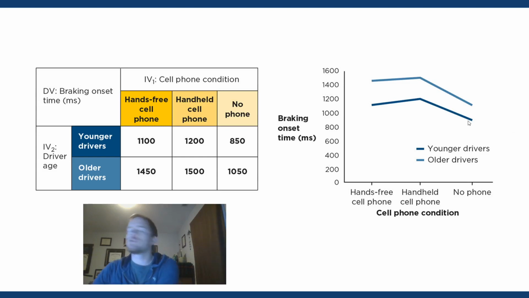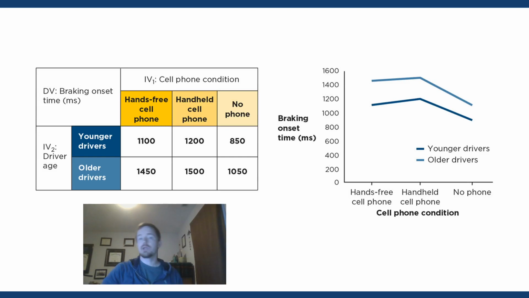But we also look at the difference within the difference. Look at how much these two groups differ, and now look at how much they differ over here. Are they the same? No. It looks like here they may differ by 200 milliseconds, and then in the hands-free condition they now differ by maybe 300 milliseconds.